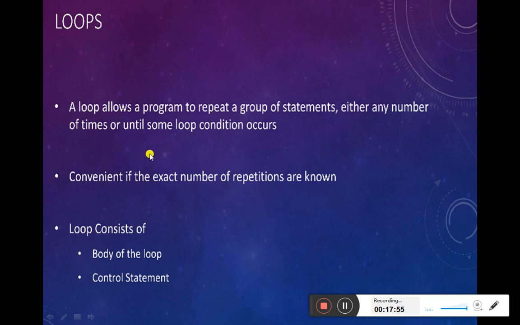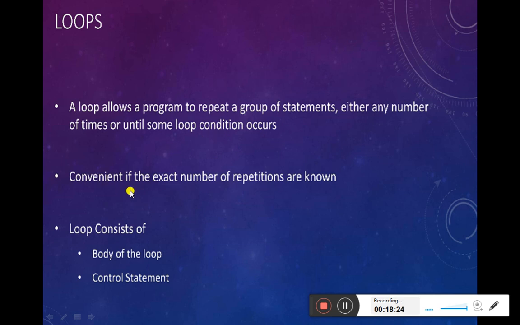So in C language, loops allow a programmer to repeat a group of statements either any number of times or until some condition occurs. So it's a repetition of the same process again and again, either a certain number of times or until a certain condition occurs.